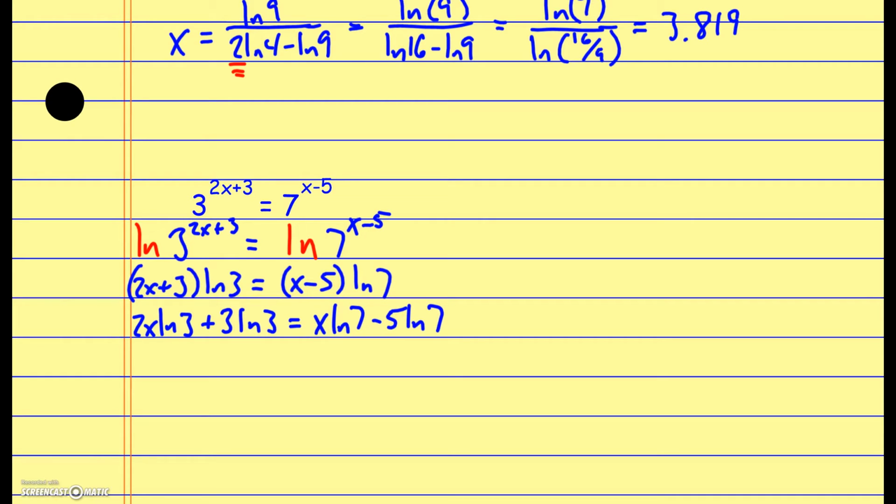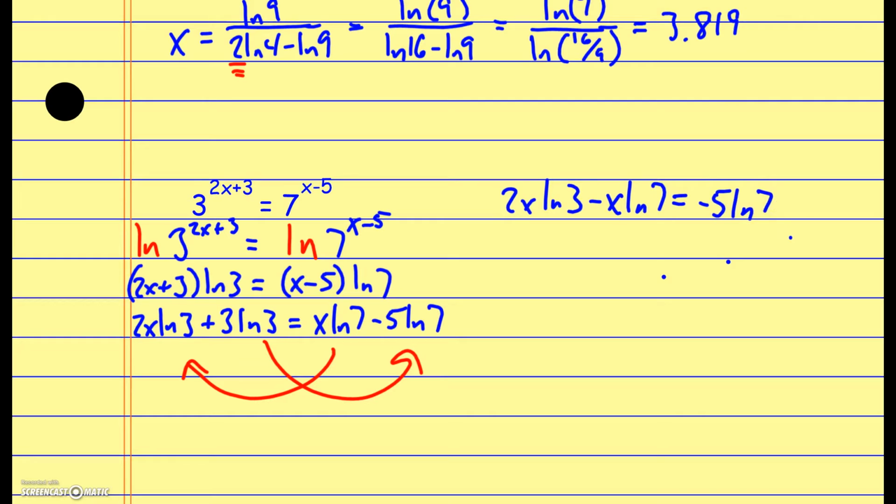And there's a couple interesting things that I should notice here. But the first thing is we generally try to bring this guy over to this side, and that would be fine. That means I'm going to bring this guy over to this side, and the end result there would be a 2x natural log of 3 minus x natural log of 7 equals a negative 5 natural log of 7 minus a 3 natural log of 3.